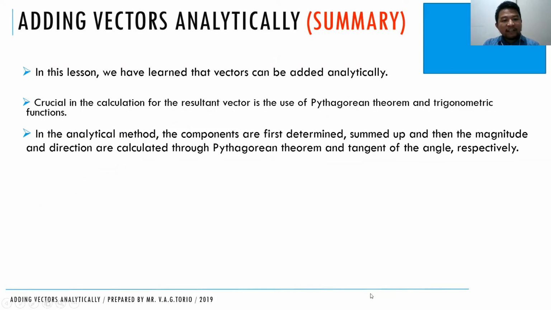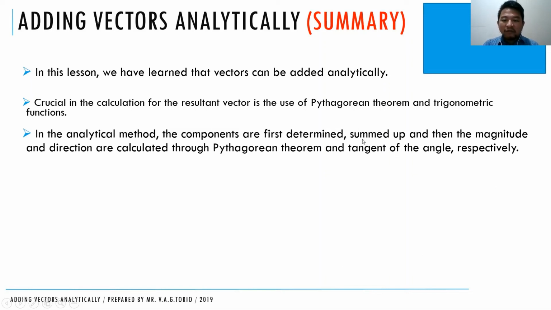The steps that we follow in the analytical method are, number one, we first determine the components of the given vectors. In the example that I've shown, we were able to calculate the components of the two vectors that we have. And then we sum up.